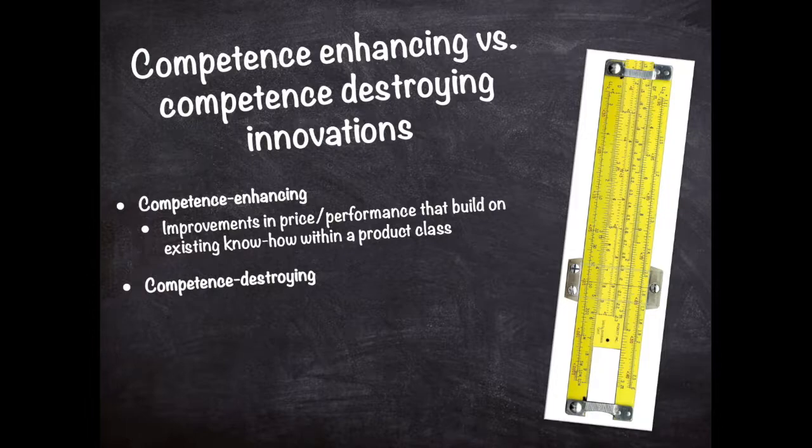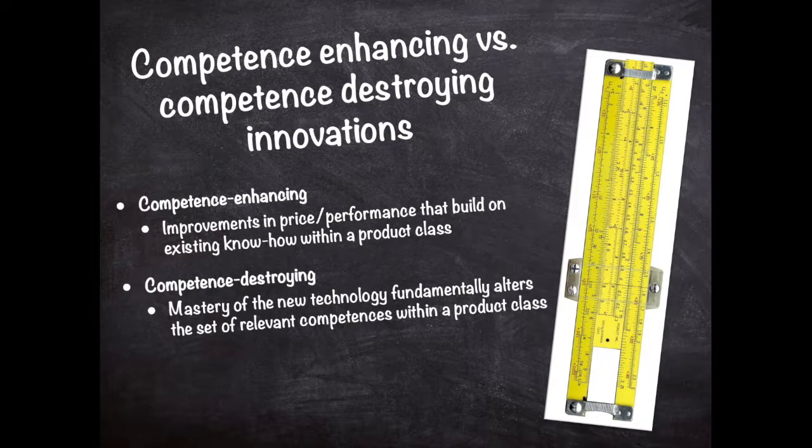Competence destroying innovation, on the other hand, is mastery of new technology that fundamentally alters the set of relevant competencies within a product class. So this new innovation would require new skills, and you cannot make use of the old skills, so perhaps those are made redundant.